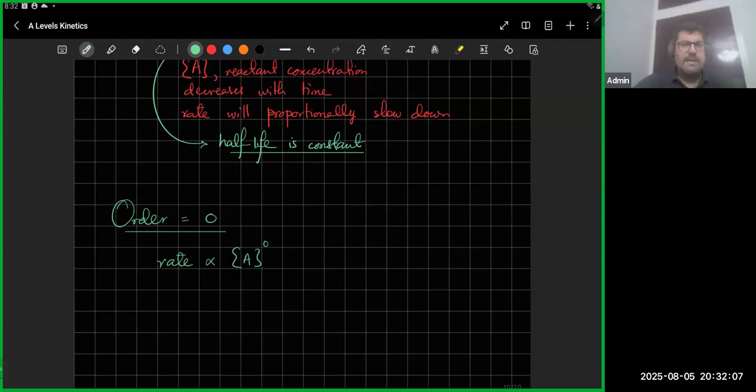What that means is that rate is not actually dependent on A. Anything to the power zero is one, so no matter what concentration of A you take, you will get the same value of rate. You keep changing A's concentration, it will have no effect on the rate of reaction.